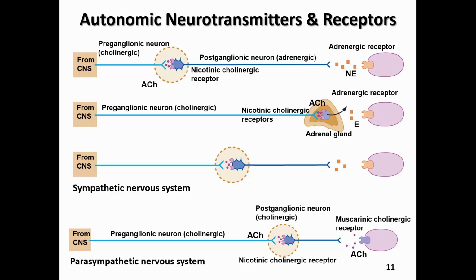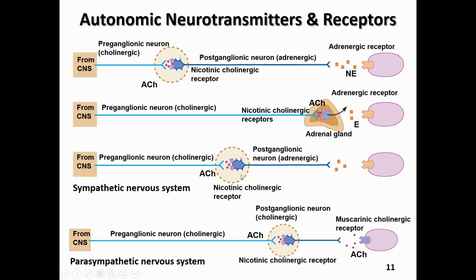The third type of extension from the sympathetic nervous system involves relatively longer preganglionic neurons, which are also cholinergic, in that these neurons release acetylcholine that will be detected by receptors that are nicotinic cholinergic. This is on the postganglionic neuron.